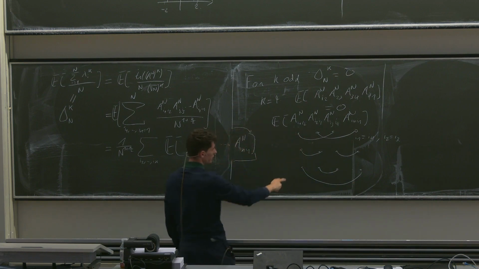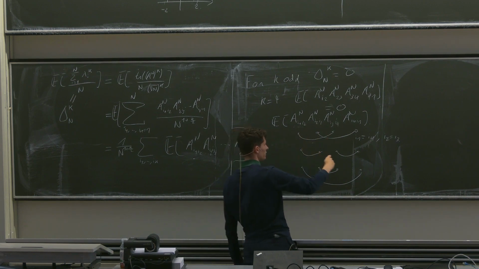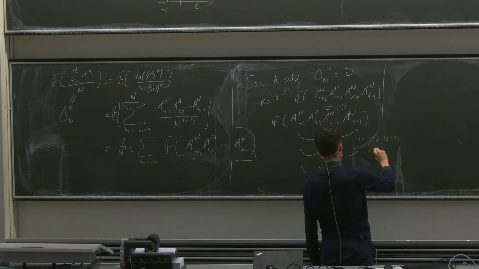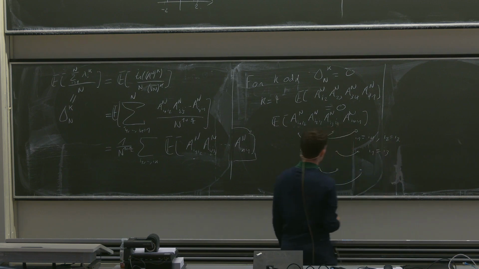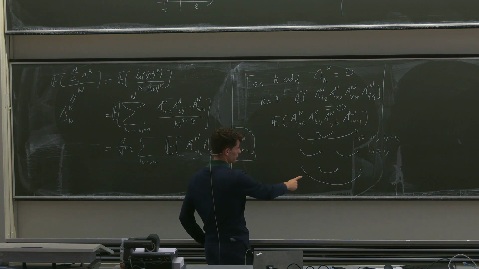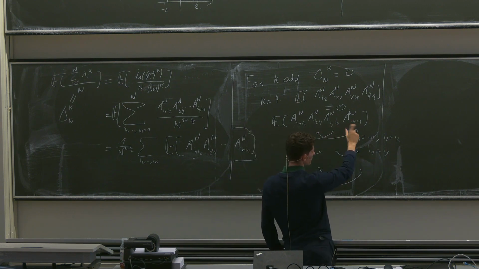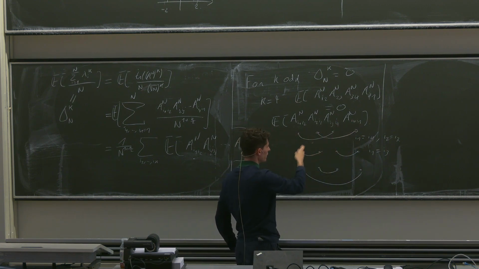Then for this pairing, by symmetry, I have I1, I2, I2, I3, so the only constraint is I1 equal to I3. Here the constraint is the same. And for this last pairing, it's A_{I1 I2} and then A_{I4 I1}, and by symmetry the constraint will only be I2 equal to I4.